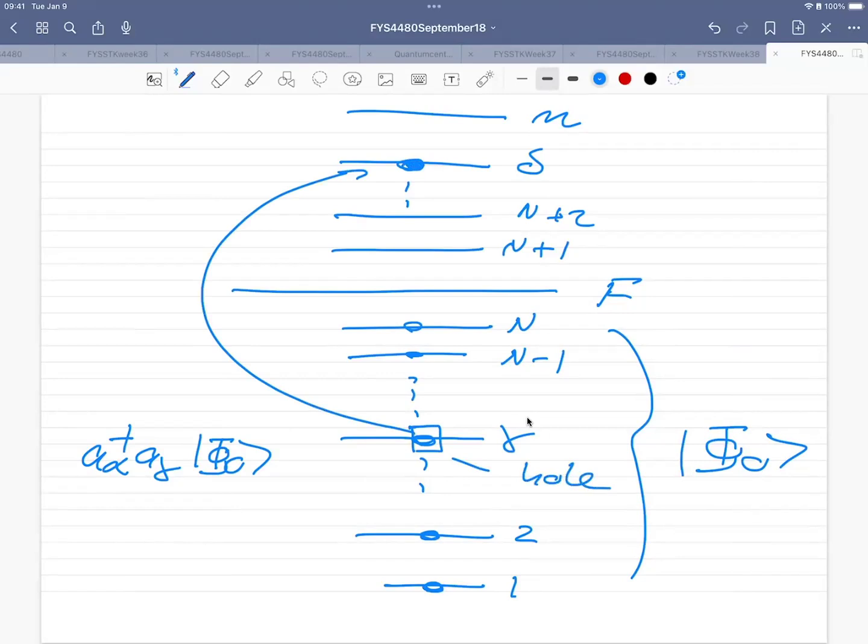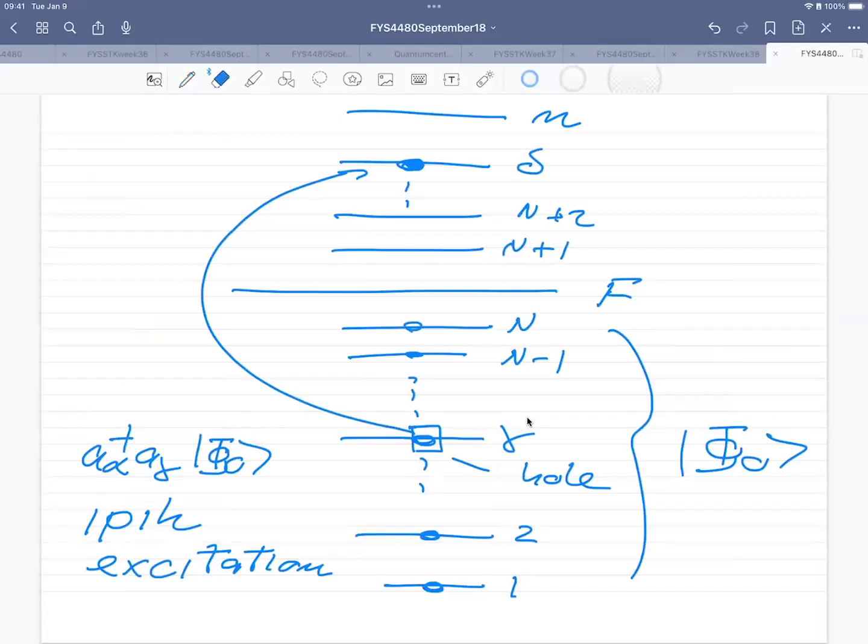And this is something which we would label as a one particle, one hole excitation. Oh, it's a delta, sorry. Thanks. Delta, right.